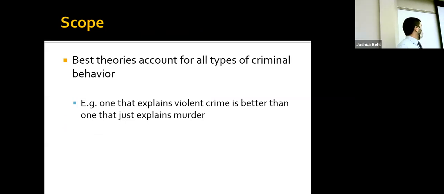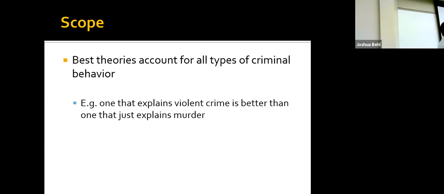It basically means the best theories account for all types of criminal behavior, right? I might be able to have a really, really good theory that predicts underage drinking. And that theory is you're in college, right? And that basically predicts you're probably going to drink. Probabilistically, I'm not encouraging this, by the way, but probabilistically, you're going to drink underage, right?